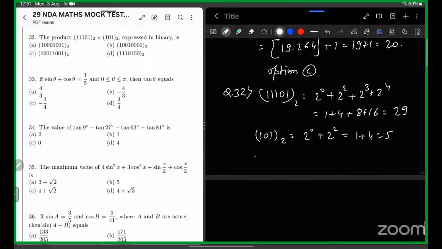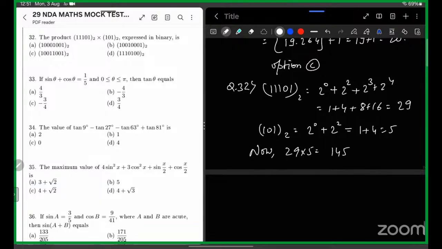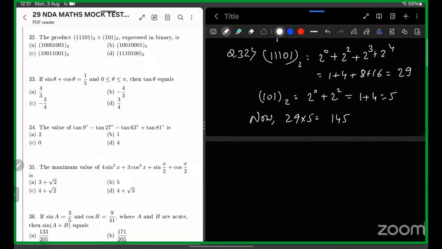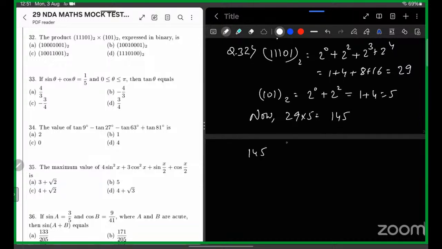Now we have to multiply 29 into 5, 145. Again we need to convert it into binary numbers. So 145 can be converted to binary number by doing this way.